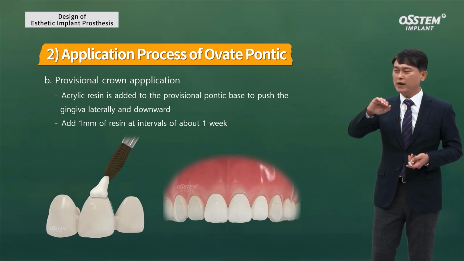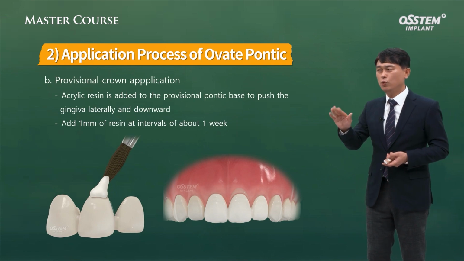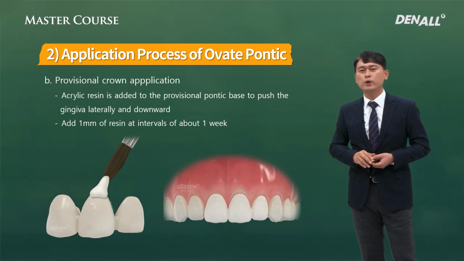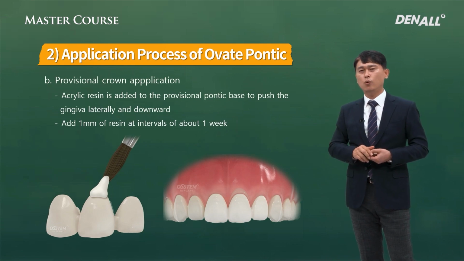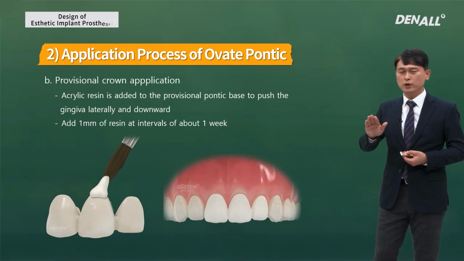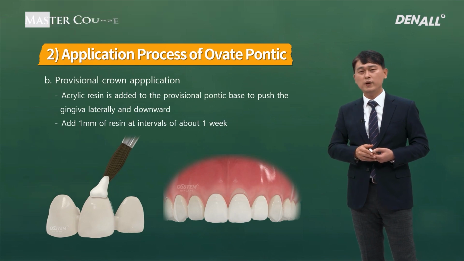It should not get too white. You need to compress it slightly so that the gingival margin gets a little bit white, step by step, until the crown form is the same as that of the adjacent teeth. Otherwise, inflammation and pain can occur. Inflammation is a headache, so you need to compress slowly and high polishing should be done. The ovate pontic should be polished cleanly; if it has a rough surface or residual cement, it can fail.